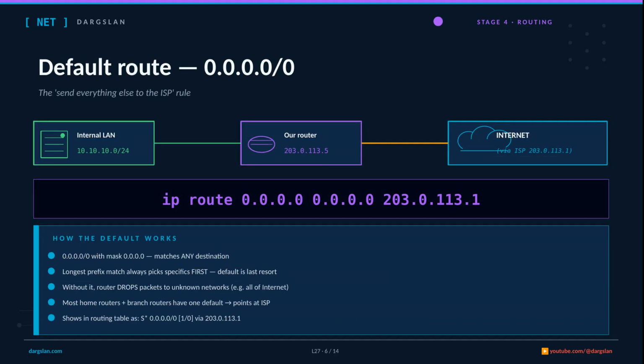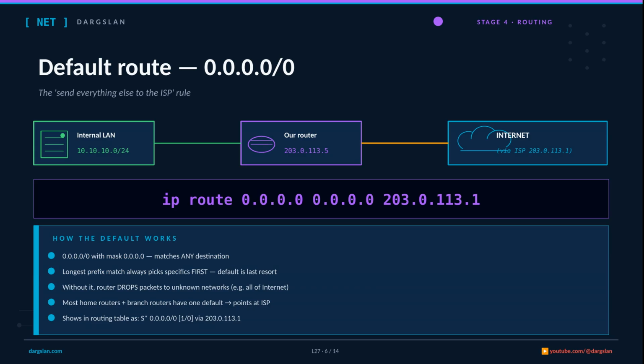Now, with that in mind, let's talk about the most famous static route of all, the default route, written as 0.0.0.0 0.0.0.0. That mask of all zeros matches literally any destination, which sounds reckless until you remember longest prefix match. Anything more specific in the table wins, and the default only kicks in as a last resort.